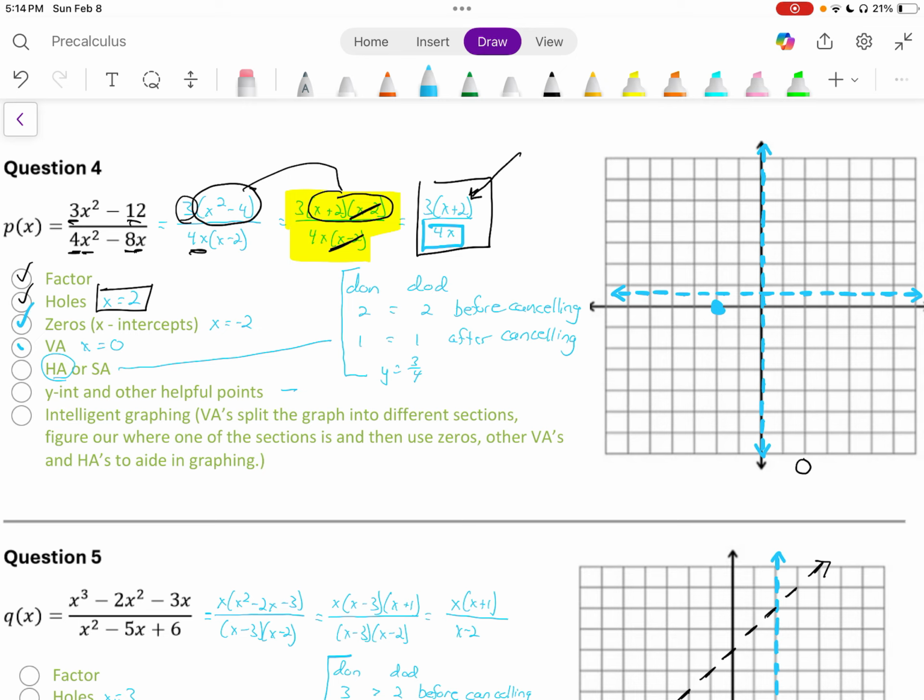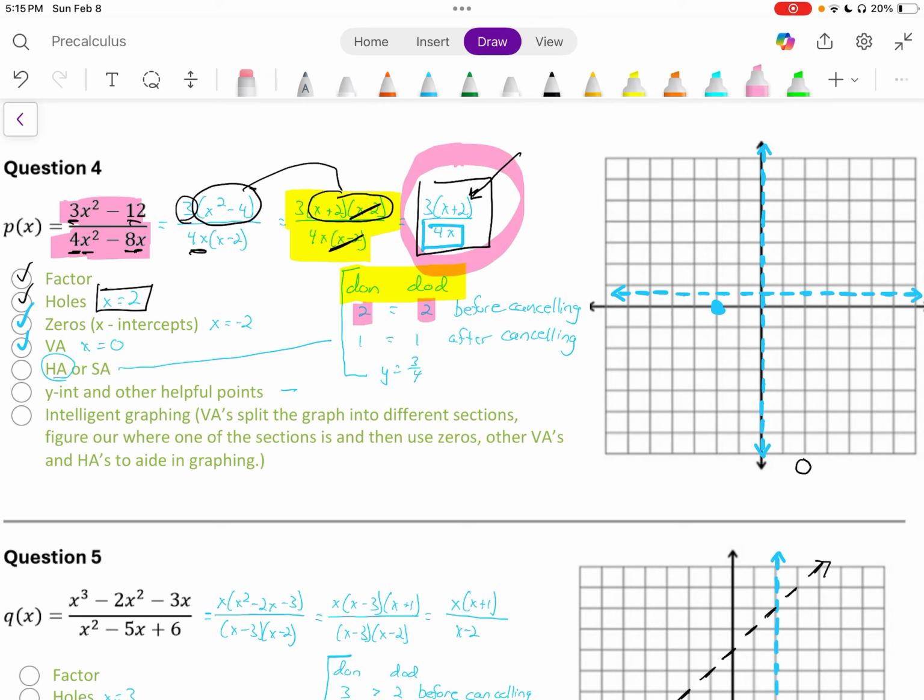So we found zeros, talked about vertical asymptotes. The easiest way to look at horizontal or slant, we compare the degree of the numerator to the degree of the denominator. If we come all the way back to the beginning, before we canceled, the degree of the numerator is 2, degree of the denominator is 2. They're the same, and so you look at the leading coefficients. You can also look at the canceled version.